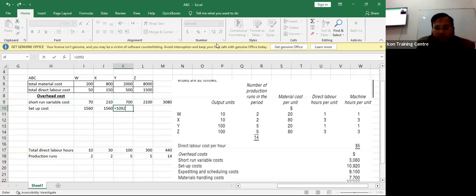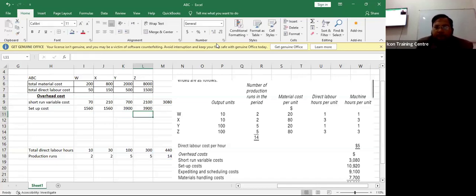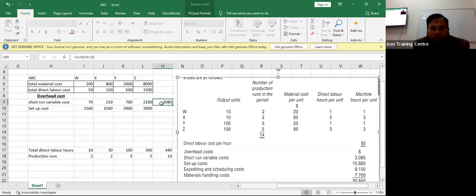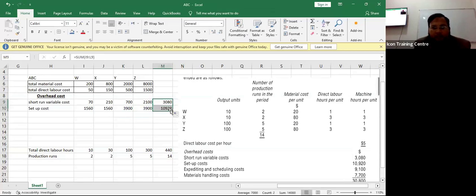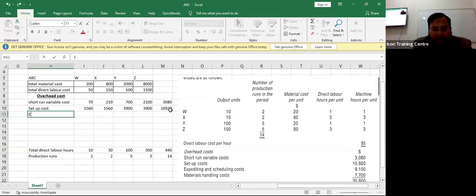For Y, 10920 divided by 14 multiplied by 5 gives you 3900, and again 10920 divided by 14 multiplied by 5 for Z. So the total should be equal to what? 10920, right, sir?